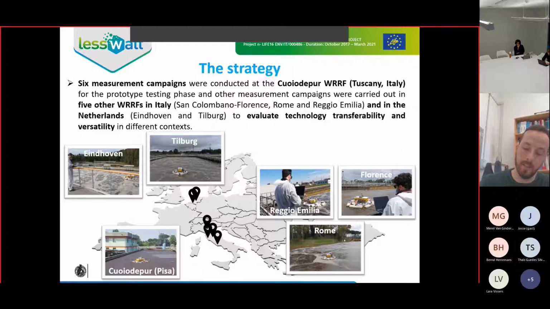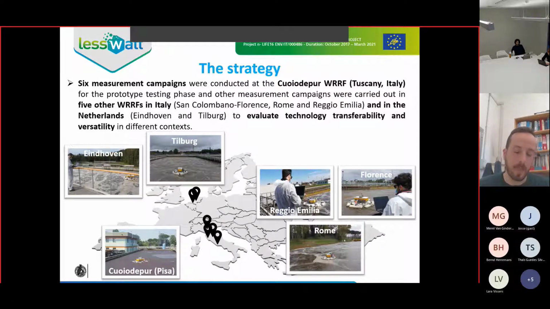About the strategy for the use of the LESSDRONE, 6 measurement campaigns were conducted at Cuoio Depur Water Resource Recovery Facility in Tuscany, Italy, for the prototype testing phase, and then other measurement campaigns were carried out in 5 other plants: San Colombano in Florence, Rome, and the Reggio Emilia plants, and 2 plants in the Netherlands, in Eindhoven and Tilburg.